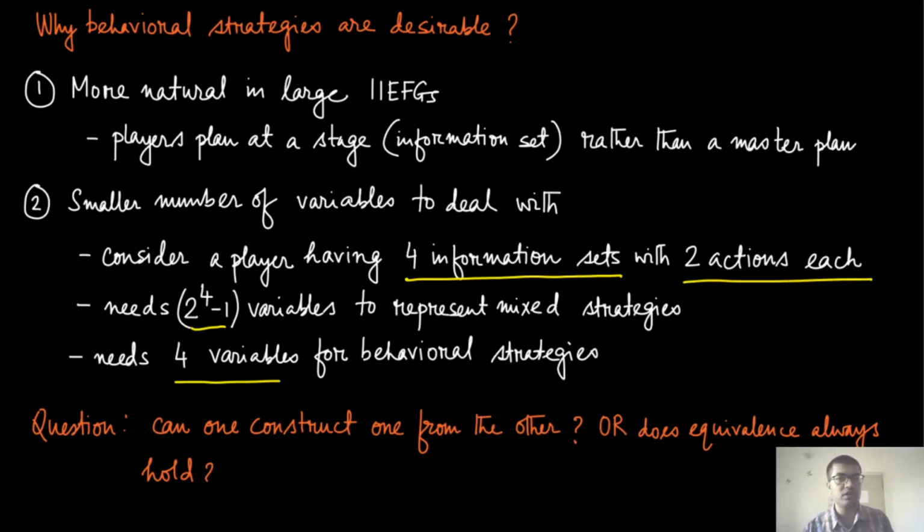If you are playing one of those kinds of games, and those games are actually pretty large, then whether you talk about mixed strategies or behavioral strategies does not matter, because there will always exist an equivalent for one kind of strategy and the other. That is the final goal that we are aiming at.